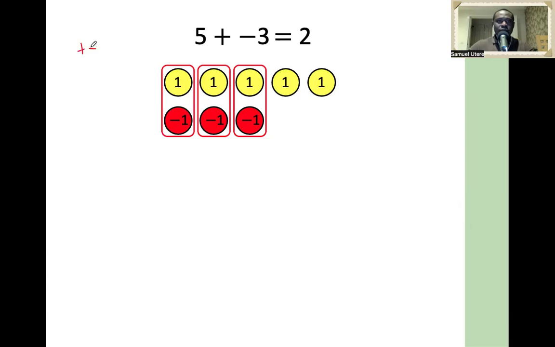So when we have a pair like this, the result is negative. When we have a pair like this of signs next to each other, the result is negative. When we have a pair like this, the result is positive. And when we have a pair like this, the result is positive. For now, let's focus on this one.